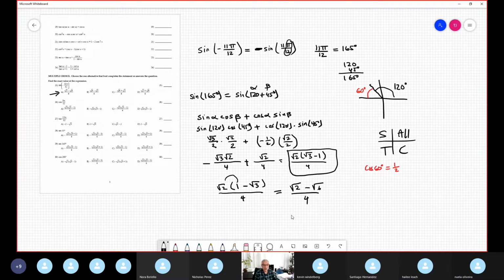Now, in this kind of question you use the sum formulas, so you decompose 165 into two fundamental angles, 120 and 45. You apply the formula, apply the corresponding signs of each trigonometric function, and don't forget, like me, the last negative, which can affect everything and change the sign.